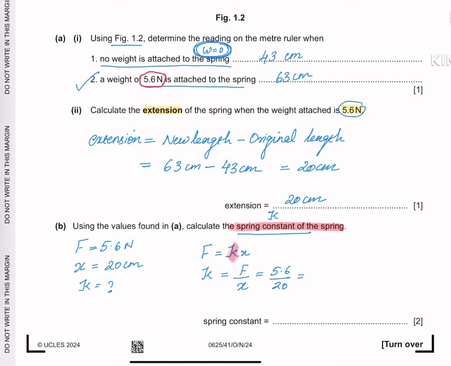Then the answer is 0.28 Newton per centimeter. So the spring constant is 0.28 Newton per centimeter. We get the unit from the equation, since spring constant K is force over extension. So we just write the unit of force, Newton, over the extension unit, centimeter.